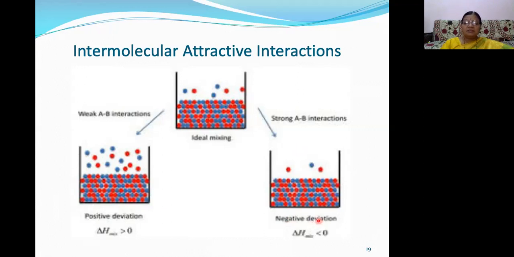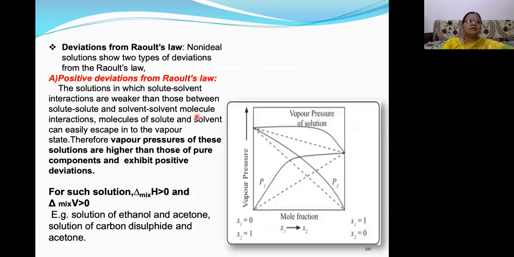Now this can be understood with the help of this graph. See here, deviation from Raoult's law. Now positive deviations from Raoult's law. What is the meaning? Positive deviations means, as I just explained, the solutions in which solute-solvent interactions are weaker than the solute-solute and solvent-solvent molecule interactions.